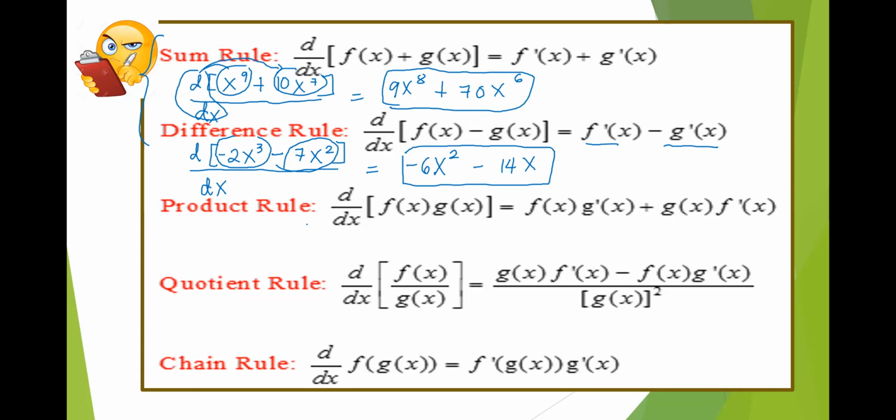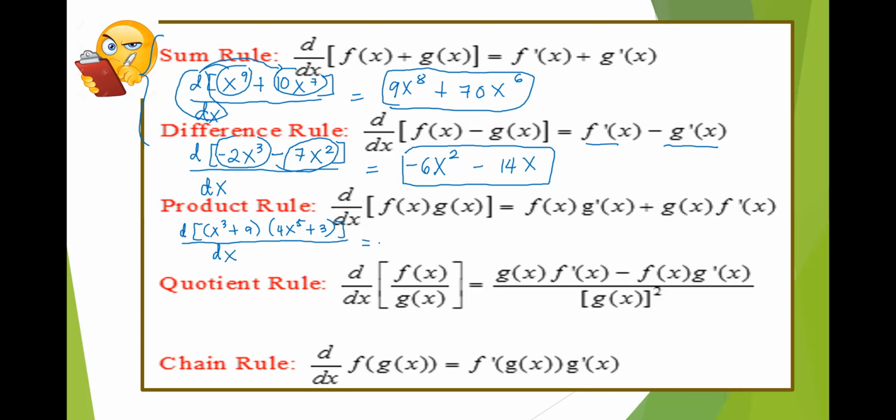Okay? Next is the product rule. So if we're getting, for example, the derivative of the product of, say, x cubed plus 9 multiplied by 4x to the, say, 5th power plus 3. Ayan. Tapos we're getting the derivative of that product with respect to x.